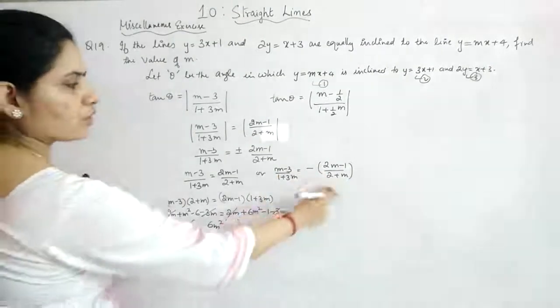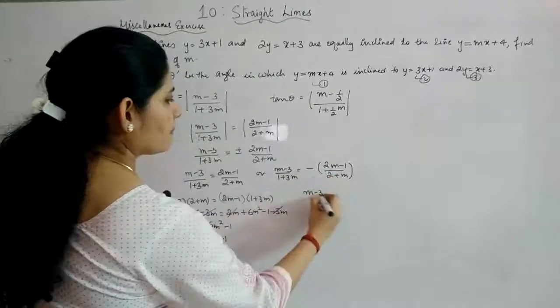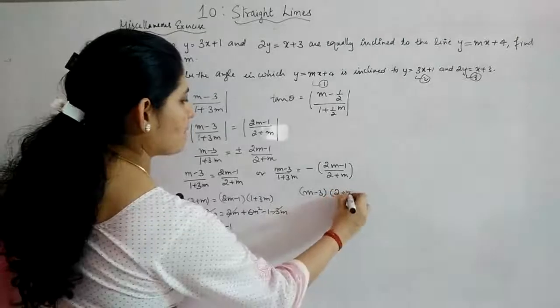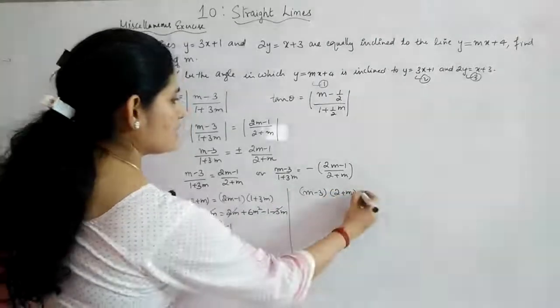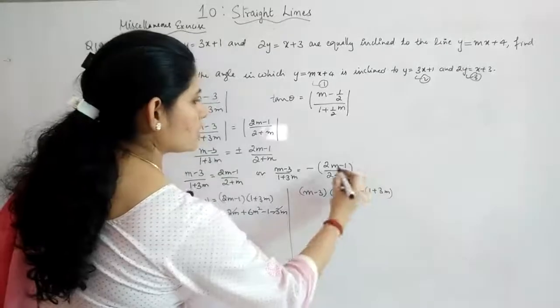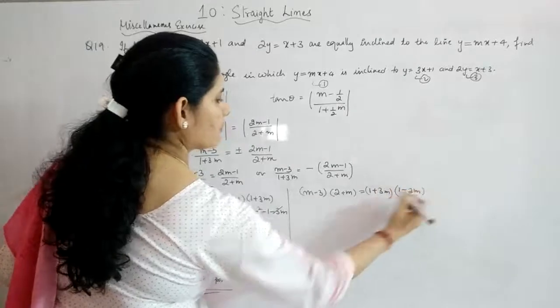Now we will move on to the second part, which is (m minus 3). So you can just cross multiply this into (2 plus m) is equal to (1 plus 3m). So this negative can be taken inside, it will become 1 minus 2m. Okay.